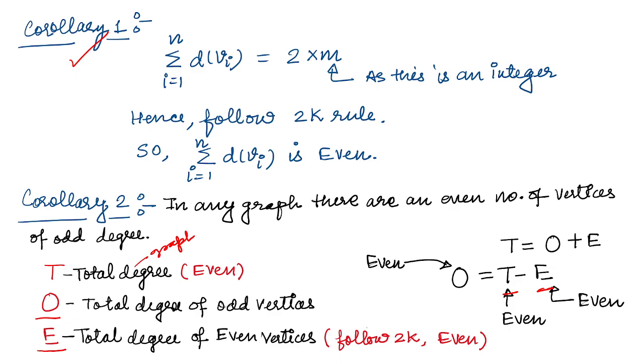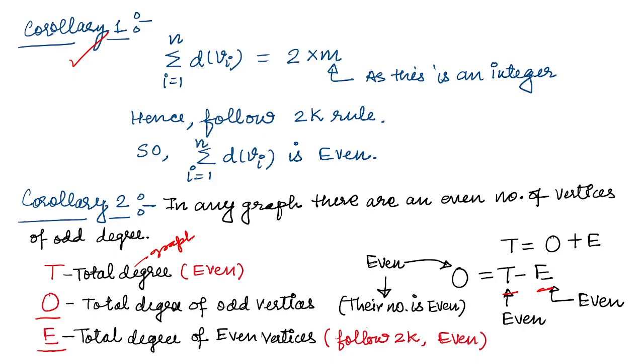So the sum of the degrees of the vertices having odd degree is coming out to be even. So how can this be possible? This can only be possible if the number of such vertices is even. So therefore, we have proved that the vertices whose degrees are odd will always come in even numbers.